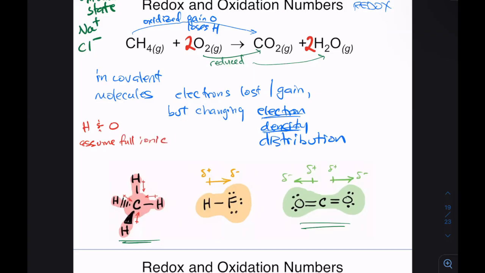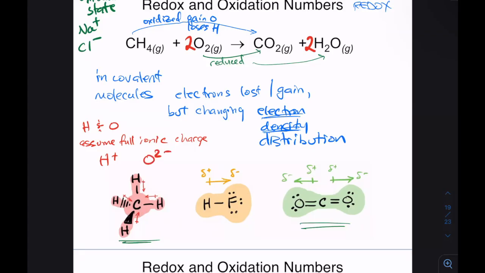So if hydrogen loses an electron completely and forms the hydrogen ion, what's the charge of the hydrogen ion? +1, right? So that's going to be H plus. And if oxygen gains electrons to become isoelectronic with its nearest noble gas in forming an anion, the oxide anion, what's the charge on that? 2-.